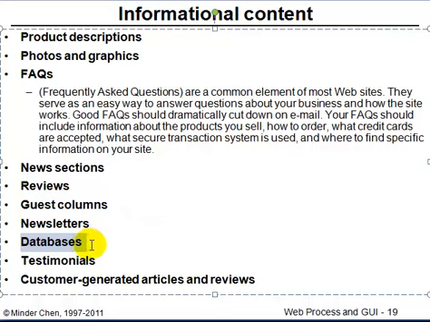The database usually will store a lot of structured data, and then you need to write dynamic web pages to interact with the database to retrieve data in real time. Some customer reviews or testimonies can be posted, and certainly it is very useful to have the customer generate articles or reviews for you, and that's free, and it's probably more convincing, so why not?